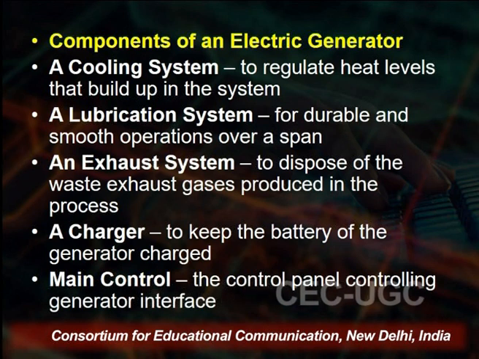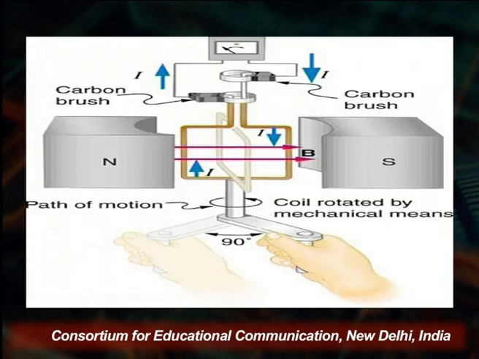These are the basic components we use in the electric generator: frame, engine, alternator, fuel system, voltage regulator, cooling system, lubrication system, exhaust system, charger, and the main control. Now you see on the screen that the rotor is in between the magnetic field. North and south poles, N and S, are the magnetic field which is given to the system.